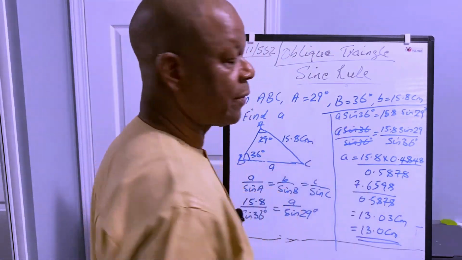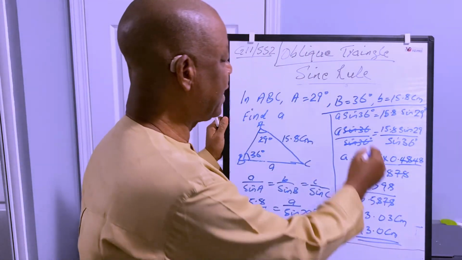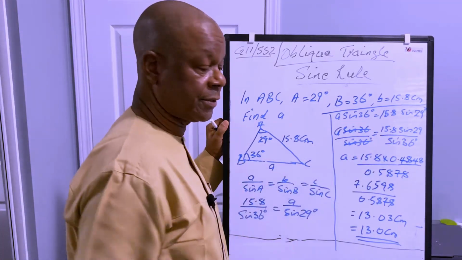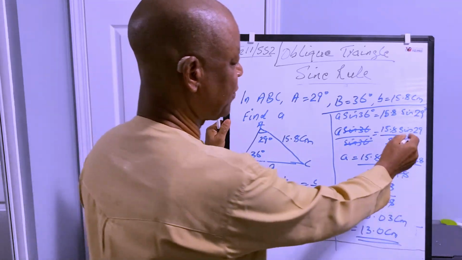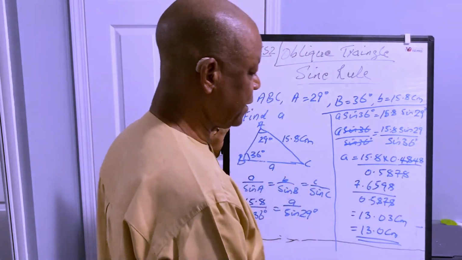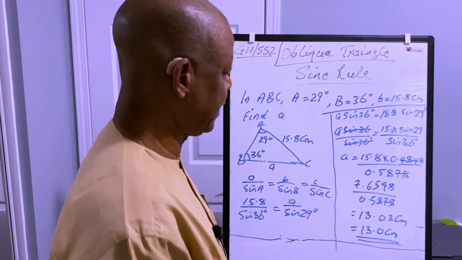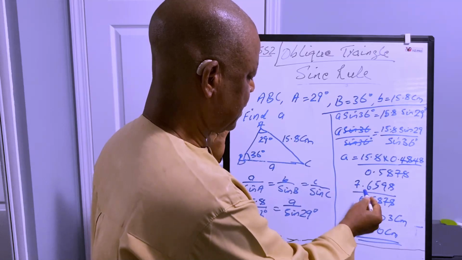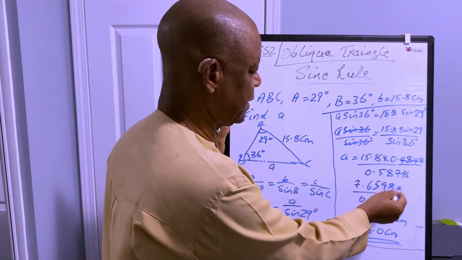To single out a, we divide by sine 36. And what we do to the left, we must do to the right. Then we find the value of sine 29 that gave us 0.4848. We multiply it by 15.8 and that gives us 7.6598.